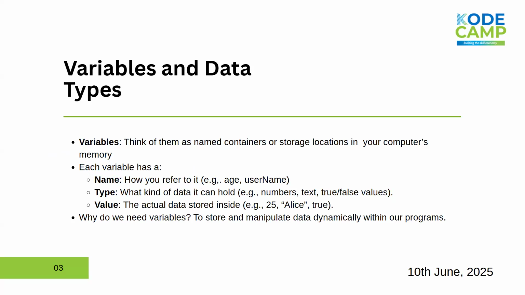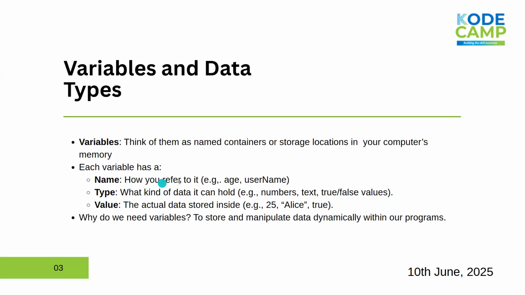There are three things that make up a variable. First of all, every variable in programming, when you're trying to create a variable, has a name, which defines what that container is actually storing.